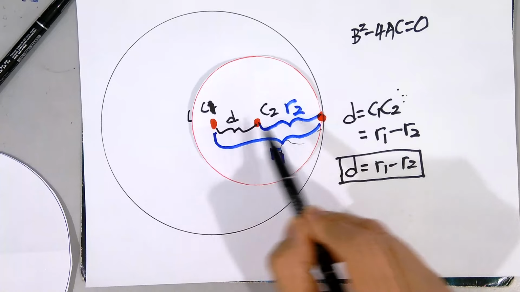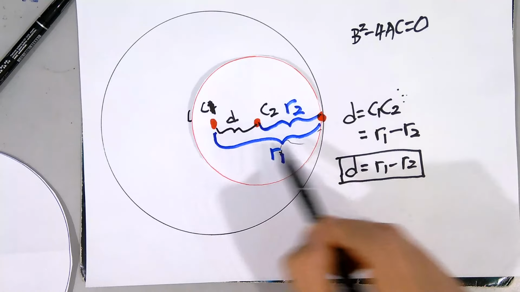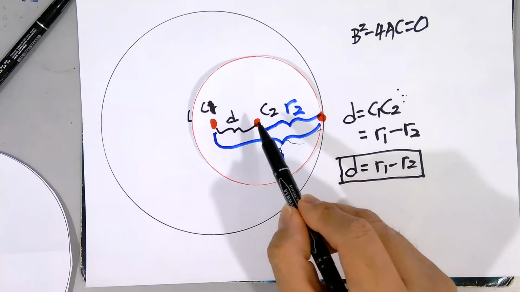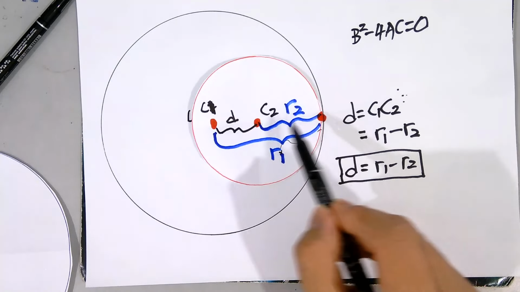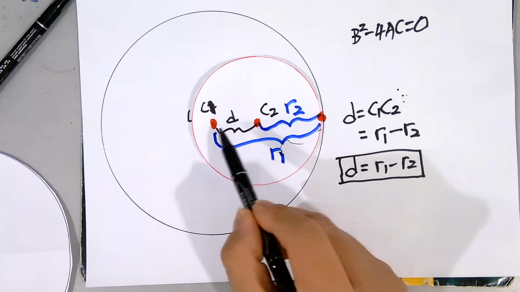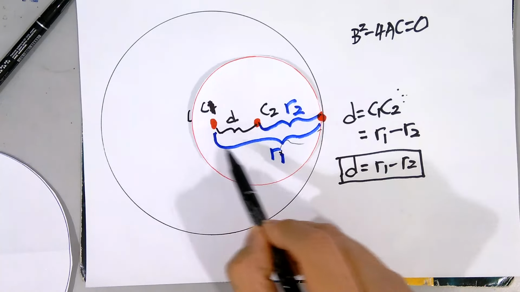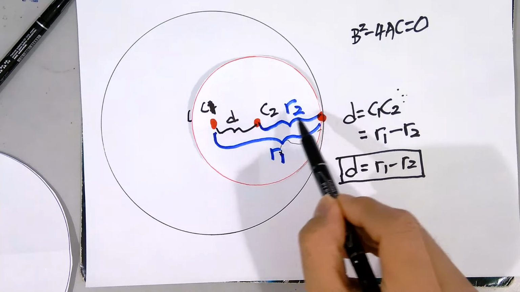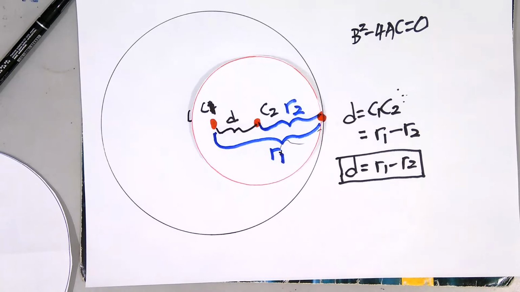From the center to the point of contact is radius 1, and from the center of the second circle to the point of contact is R2. There is a distance between these two centers, and this distance is R1 minus R2.